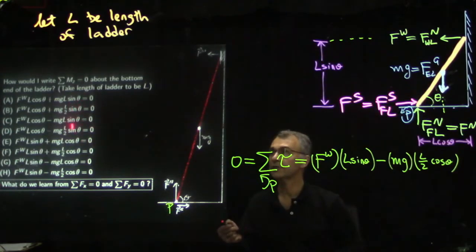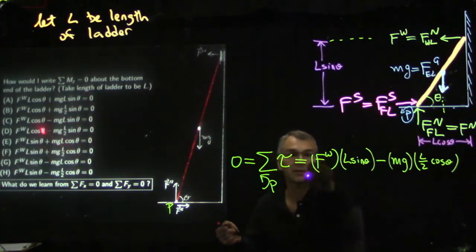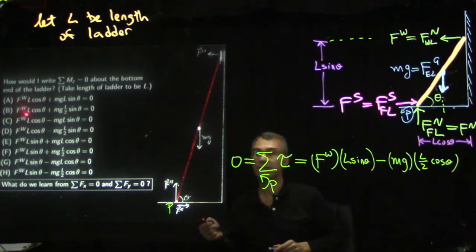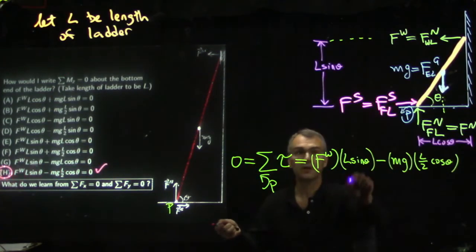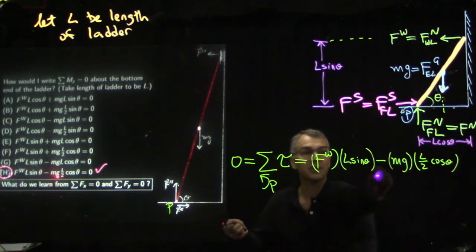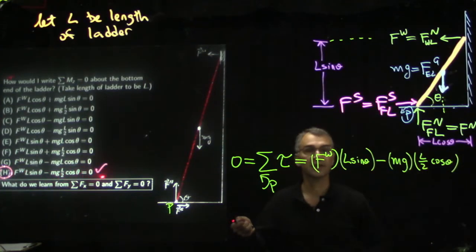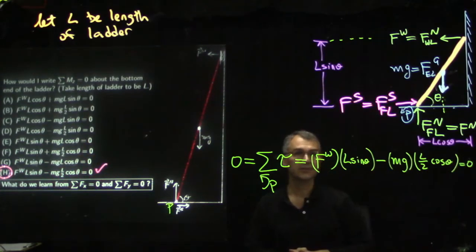So which one of these results looks like our equation? F wall L sine theta minus mgL over 2 cosine theta equals 0. I think I like H, hotel. Answer H. We can then directly solve that equation for F wall.